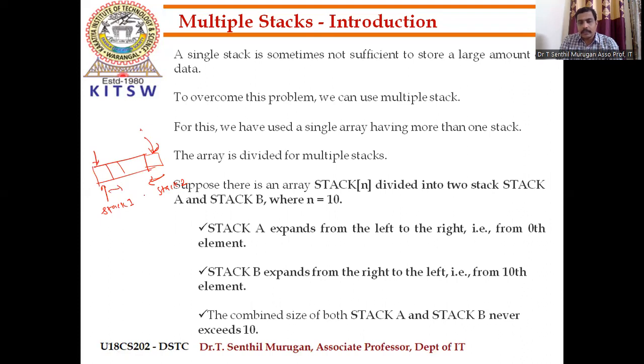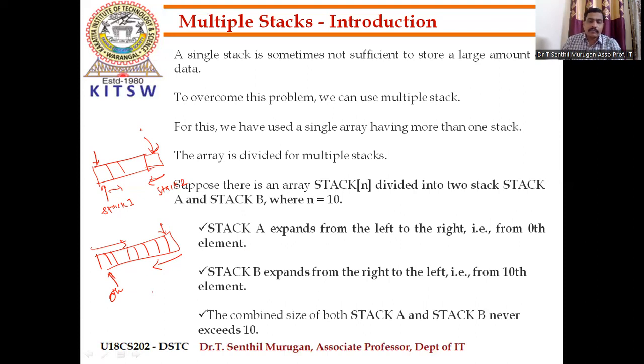Stack A expands from left to right, starting from the 0th location. Stack B expands from right to left, starting from the last element, the n minus 1, that is the 9th element. Consider these 10 positions.